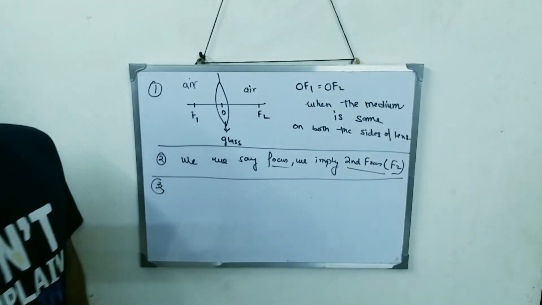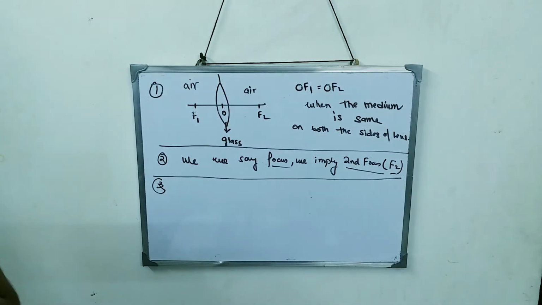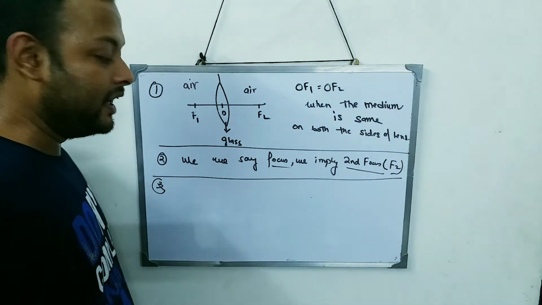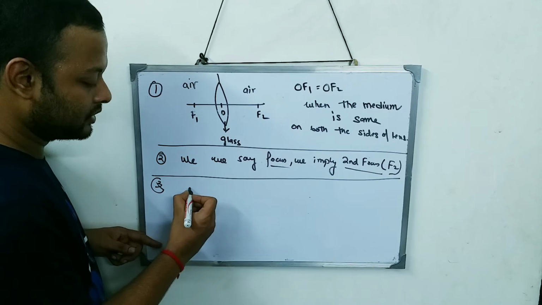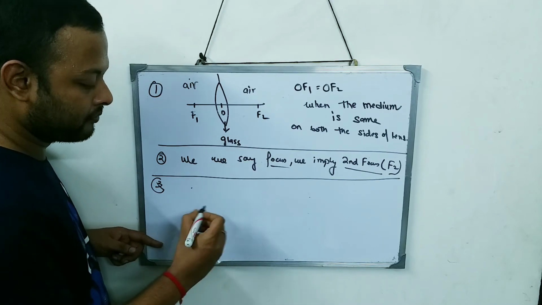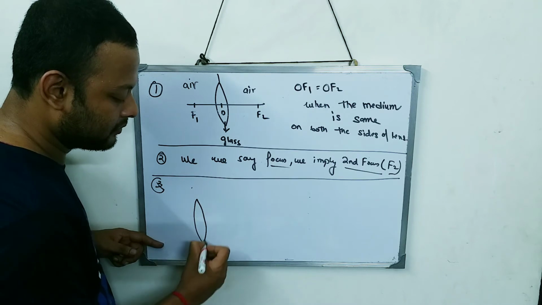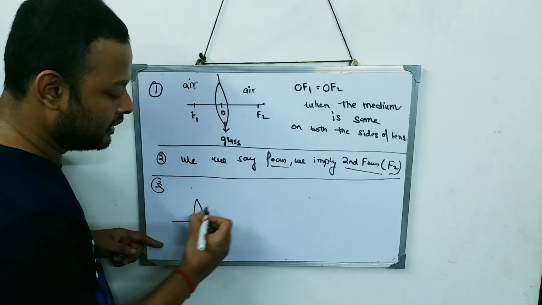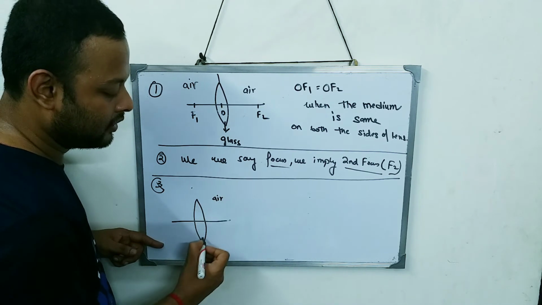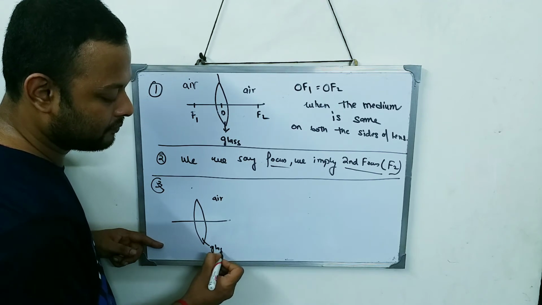Now the third point. This point is very important. I have to draw a diagram to make you understand. This is a lens which is there in air, and this is glass.